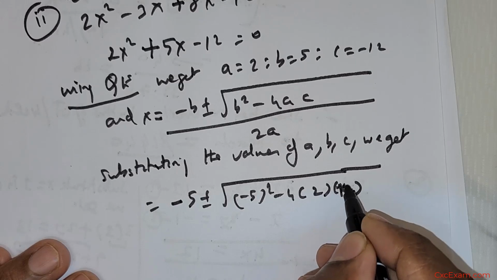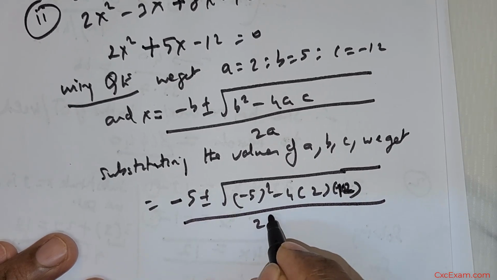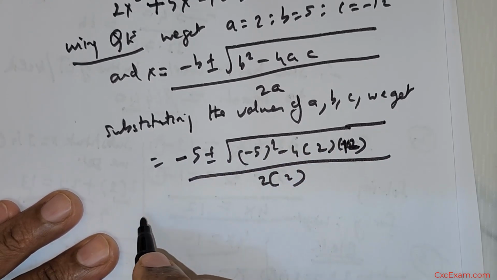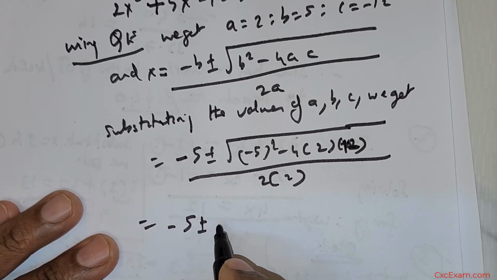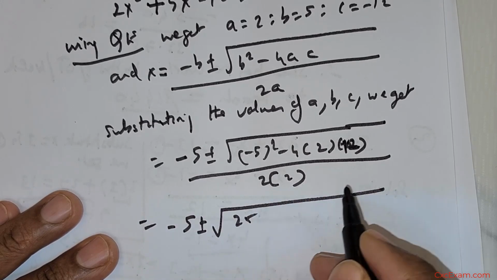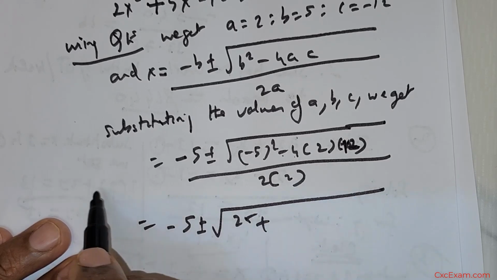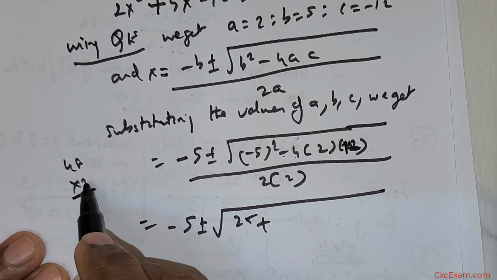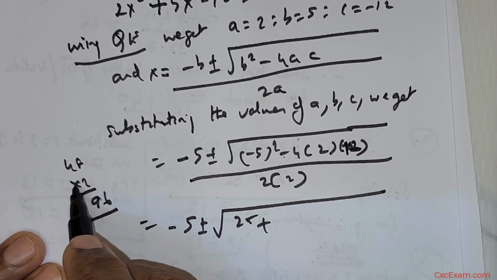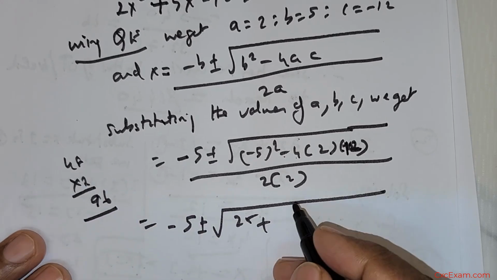So I'm substituting that negative 12, divided by 2 times a, which is 2. So evaluate this: negative 5 plus or minus 5 squared is 25, minus times minus is positive, 4 times 12 is 48, multiplied by 2 would give you 96. 8 2s are 16, 1, 8, 9, 96.